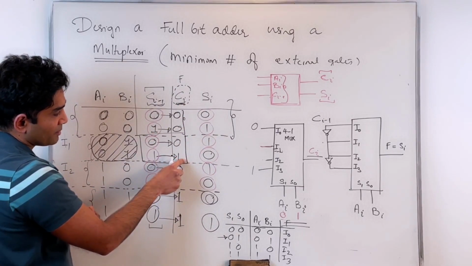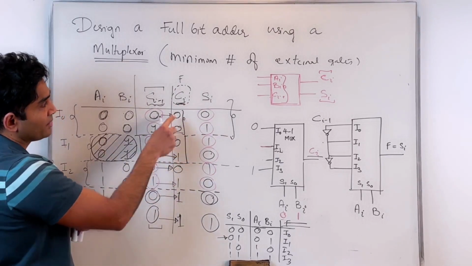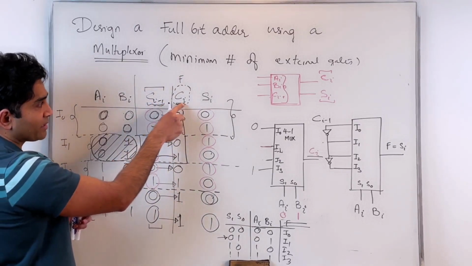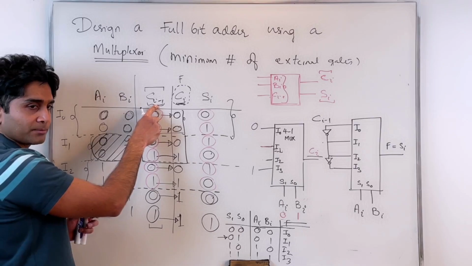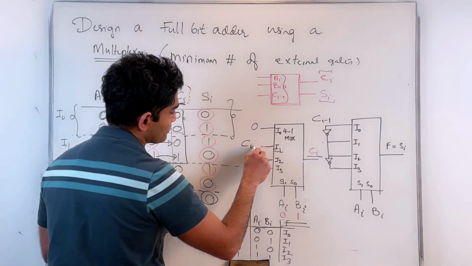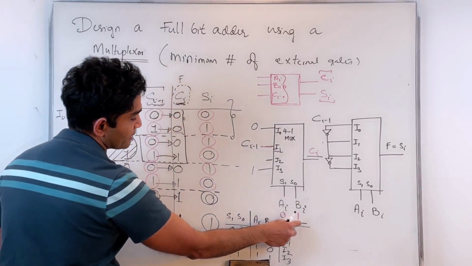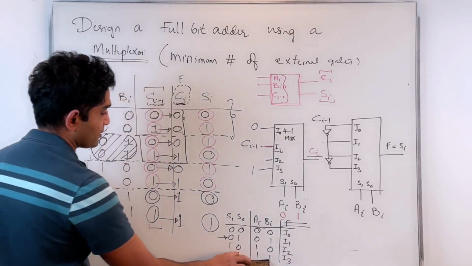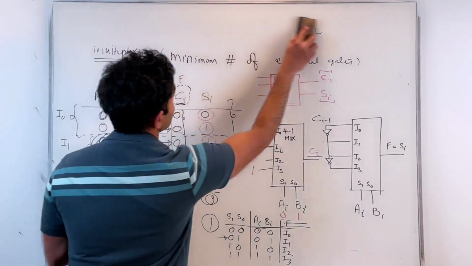Ci is 1 when Ci minus 1 is 1. That means my output follows this input. It's dependent only directly on Ci minus 1. So if I apply Ci minus 1 directly here, then when I apply 0, 1 here, my truth table would become something like this.